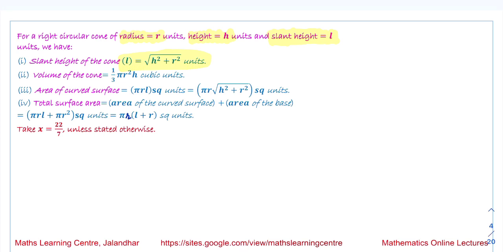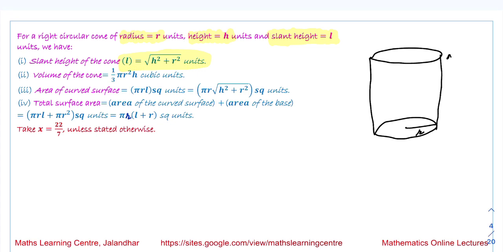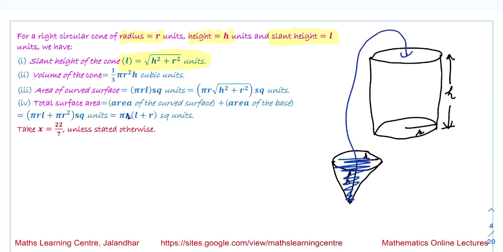Now suppose we have a cylinder whose radius is R and height is H, and a cone whose radius is R and height is H. If we fill this cone with water and transfer it to this cylinder, what we see is that we require 3 cones to fill this cylinder.